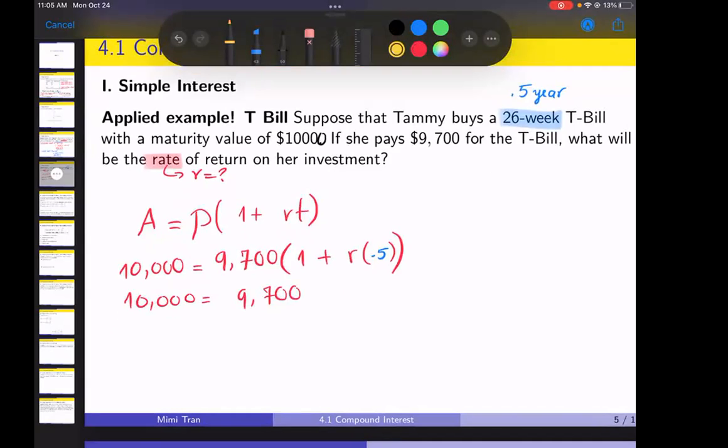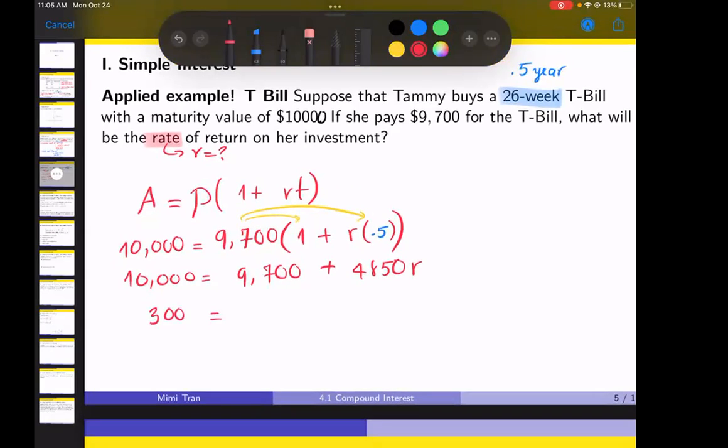9,700 plus 9,700 divided by 2 is 4,850 R. Subtract 9,700 from both sides.